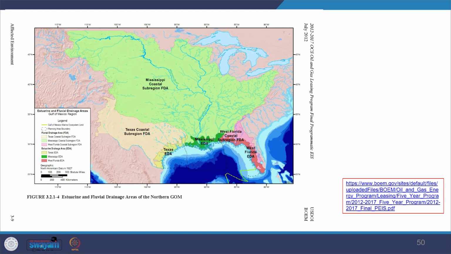And then you look at here what kind of maps they are making. So you saw that it's more descriptive and then mappable. So you look at all the maps and tables they have prepared. So you can see estuarine and fluvial drainage areas of the northern Gulf of Mexico region. So you can see here how they have prepared. You can look at the legend as well. You can see all the ecoregions they have identified in this Gulf of Mexico.